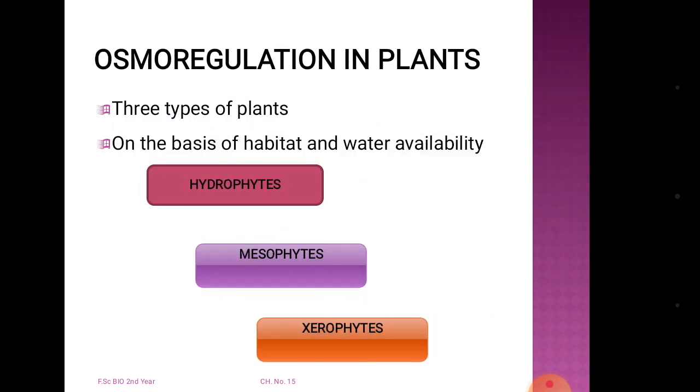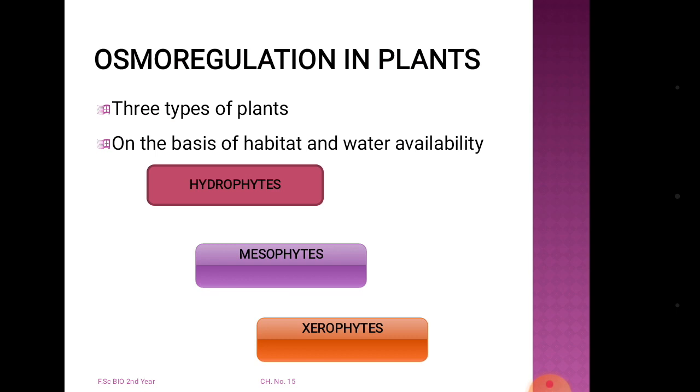Here we will discuss osmoregulation in plants. Plants are usually categorized into three types on the basis of habitat and water availability. First is the hydrophytes, second mesophytes, and third is the xerophytes. Those plants which are present in a habitat where water availability is more are called hydrophytes.